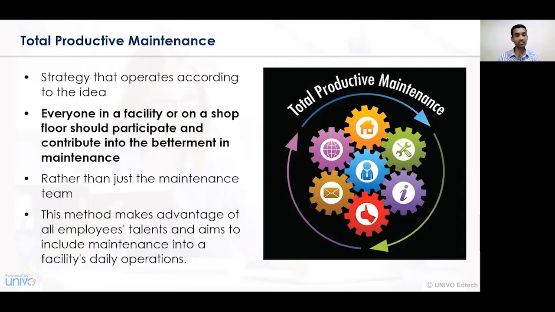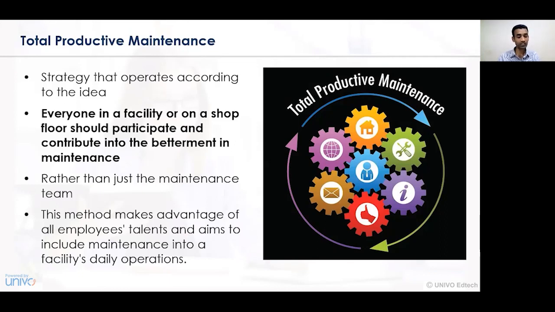So total productive maintenance considers a scenario wherein for any organizational activity that needs to be undertaken, everyone must be a participant, whether it is a facility, a shop floor activity, or a maintenance activity. Not only the specialized people, but every employee, every member should participate and have a contribution towards the maintenance activities.